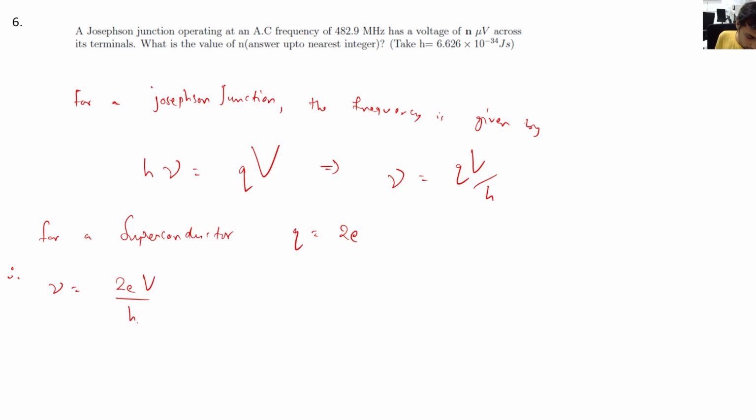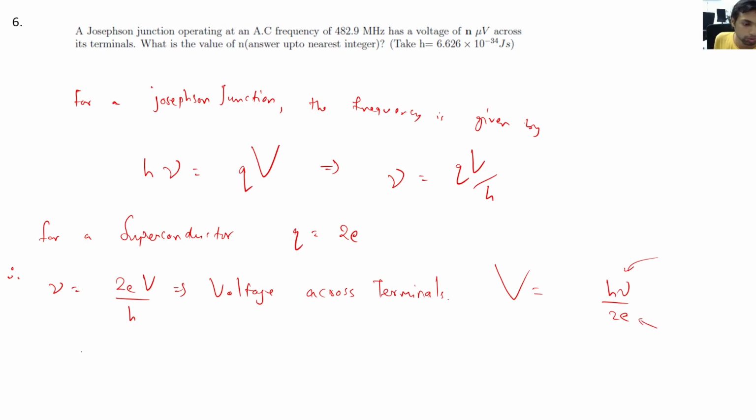and the voltage across terminals, that's h nu over 2e. So we have to solve for this particular voltage, and nu we know, and the charge we know.